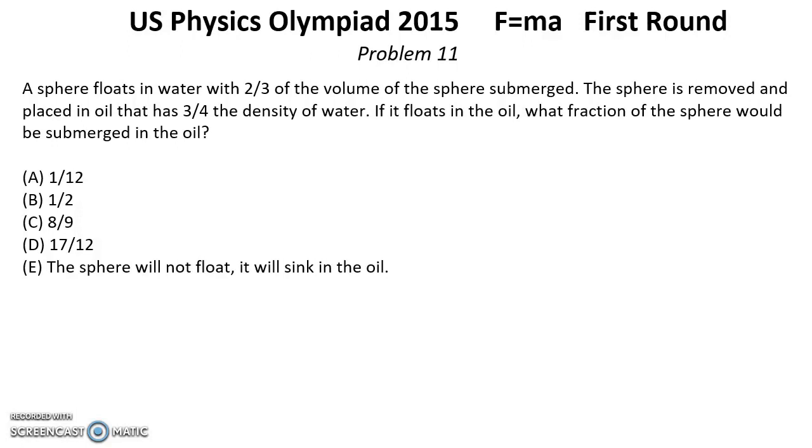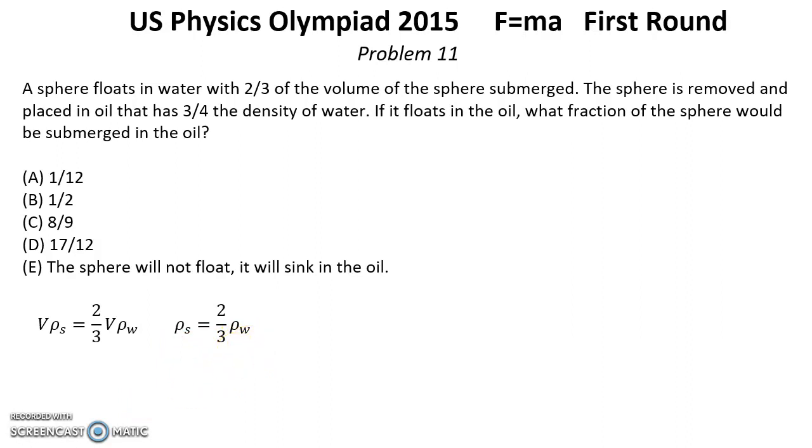Solution. Because 2/3 of the sphere is submerged in the water, we can write the equation: volume of the sphere multiplied by rho sphere equals 2/3 volume of the sphere multiplied by rho water. From here we can find that rho sphere equals 2/3 rho water.